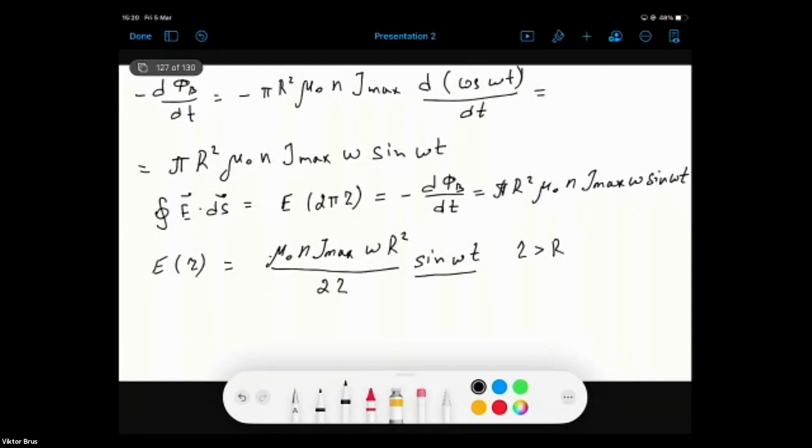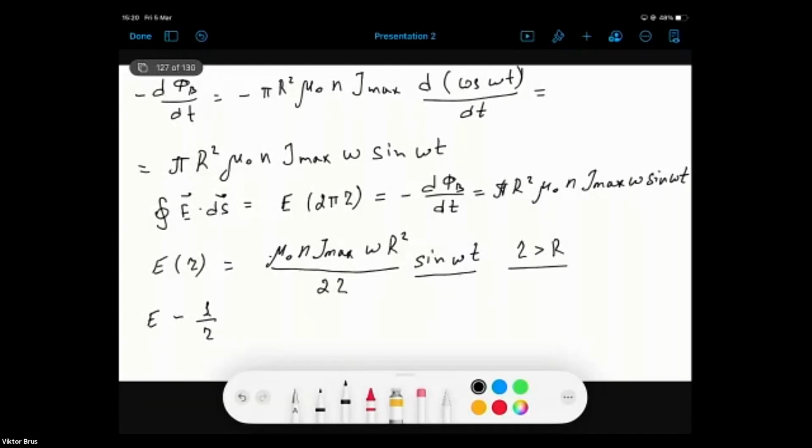And second, the electric field is inversely proportional to 1 over r. So it reduces in magnitude as we go further from the solenoid. Okay, so this is the first part of this case, when we consider r larger than the radius of the solenoid.